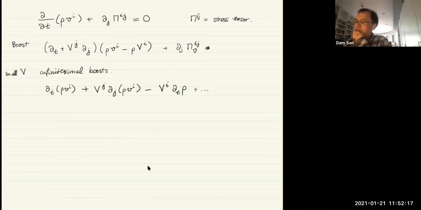That was the thing that I don't know yet because they are related to the stress tensor pi. Derivative of rho, you can use the continuity equation to write this as vi dj rho vj with the plus sign.